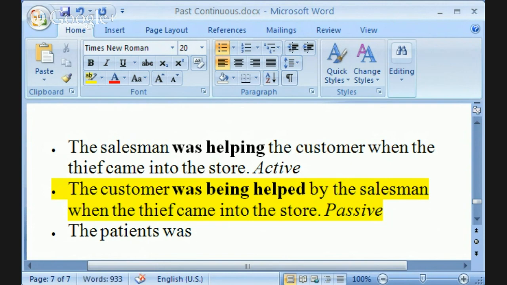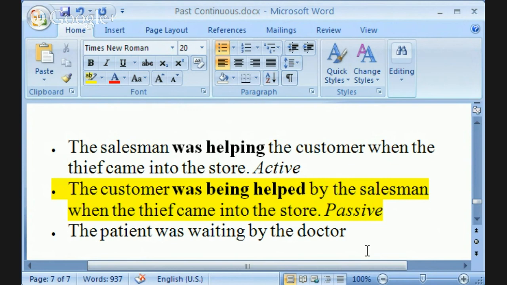The patient in hospital maybe was being waiting, was being waiting. Yeah. Yes. By the doctor. By the doctor. Okay.